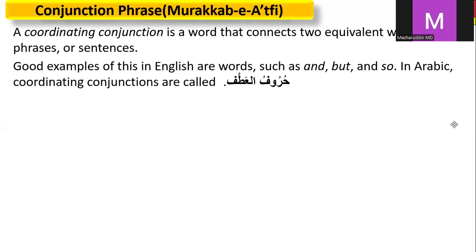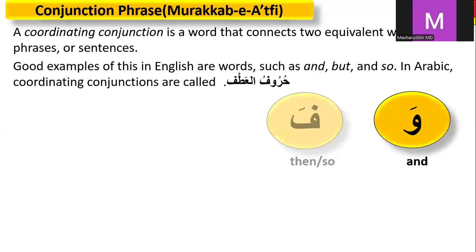These are conjunctions which we call in Arabic huruf al-atfi. Atf means conjunction. There are some examples which I'm showing you: wa, and; fa, then; or so.